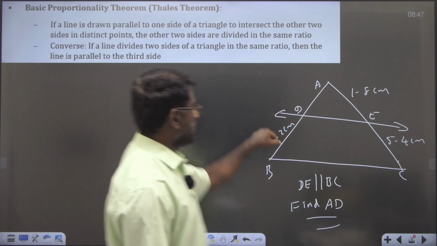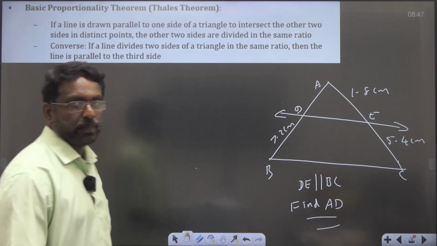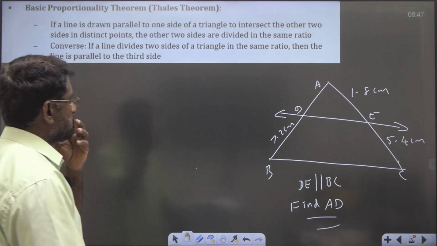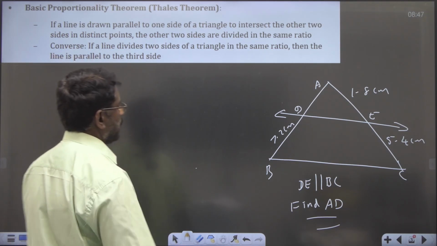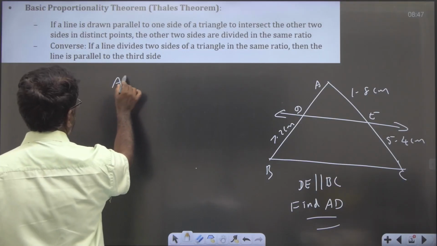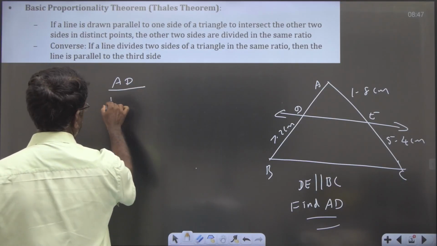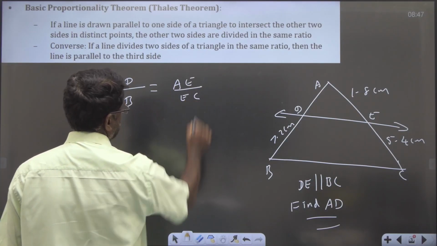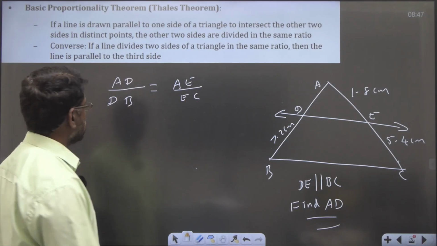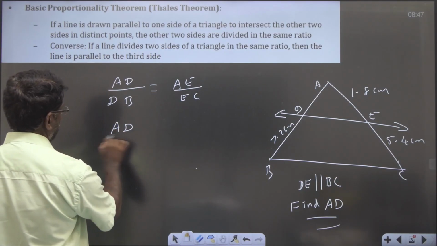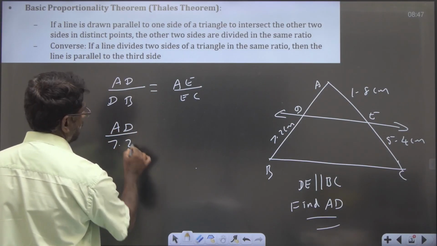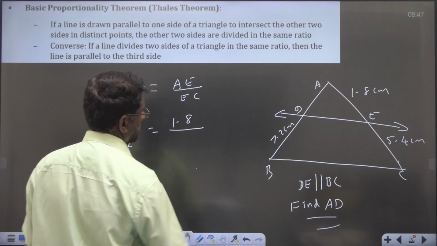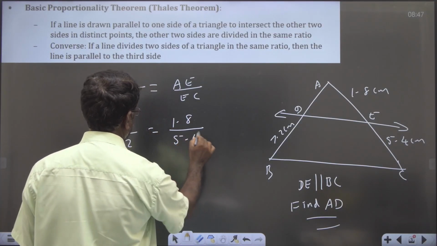Since DE is parallel to BC, we can apply BPT, the basic proportionality theorem. Applying it, we get AD by DB equals AE divided by EC. We have to find AD. So AD divided by DB, which is 7.2, equals AE, which is 1.8, divided by EC, which is 5.4.